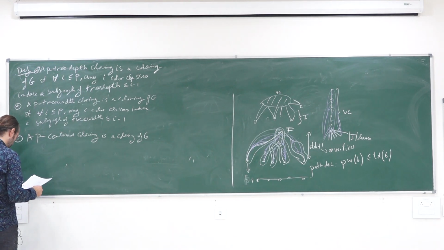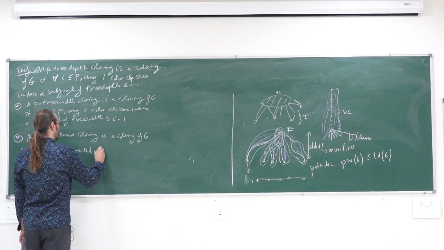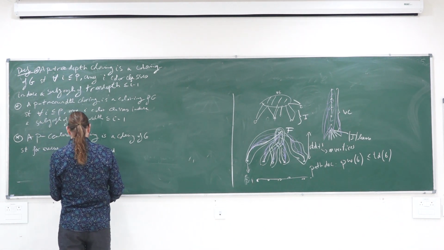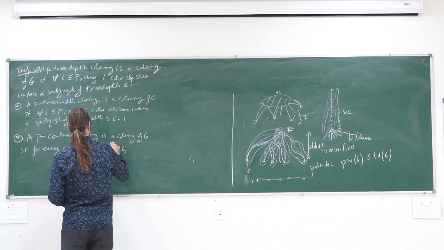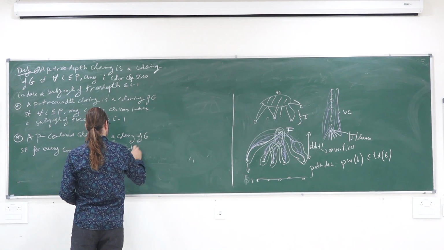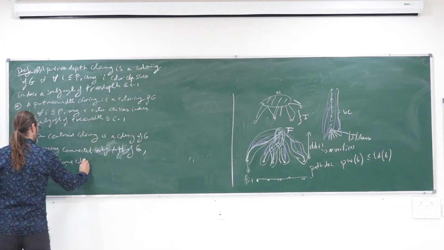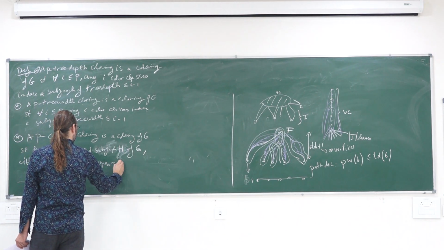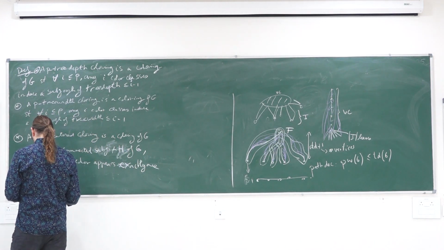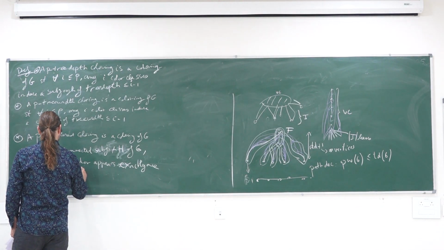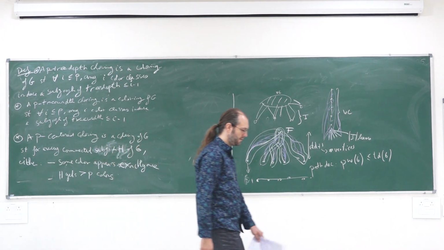G such that for every connected subgraph H of G. Okay, so the third notion of colorings is a bit strange.